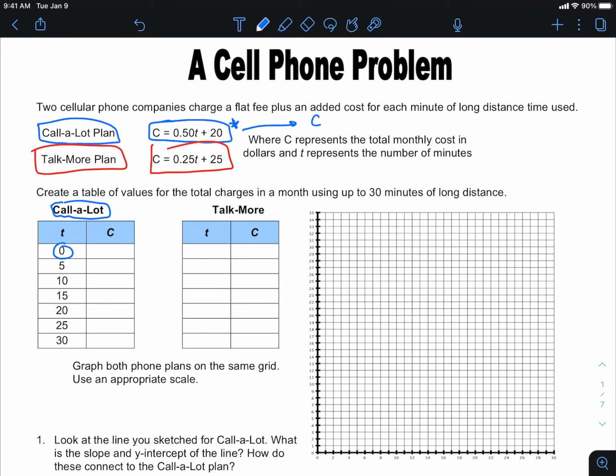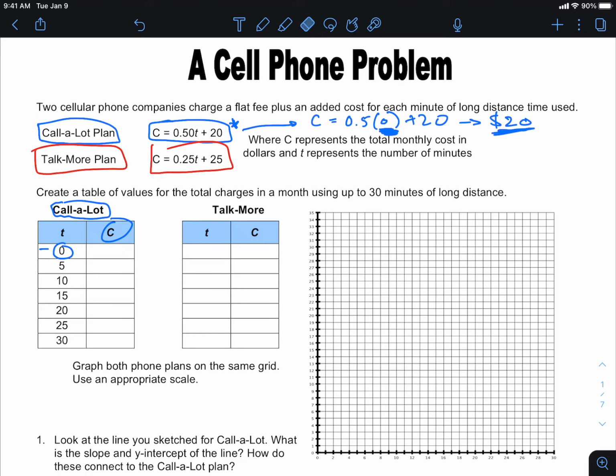You could say cost is equal to, because that's what it's saying, C is equal to 0.5, and then you're going to plug in, well, how long are you going to talk on the phone? Well, for this one, we're going to say 0. Well, 0.5 times 0 is going to be 0 plus 20. Well, the cost to talk on the phone for 0 minutes is going to be $20. And so this is the cost, or the C value, that goes into the table, 20.